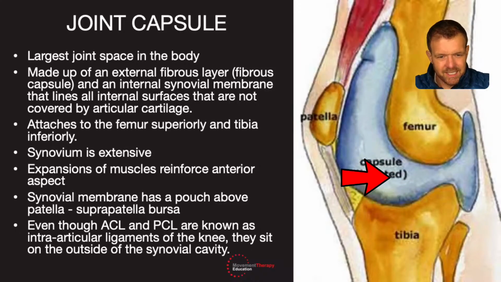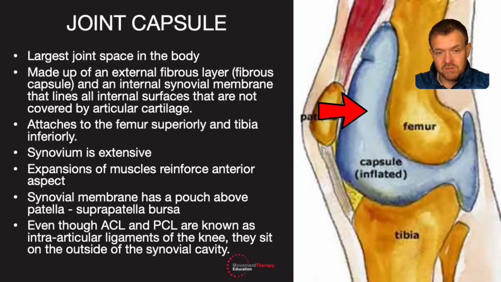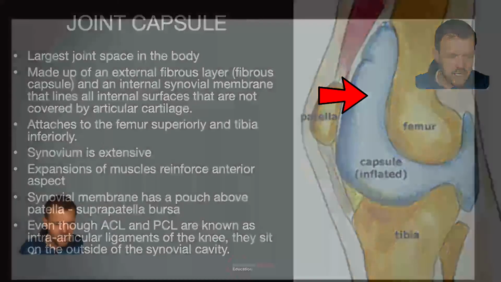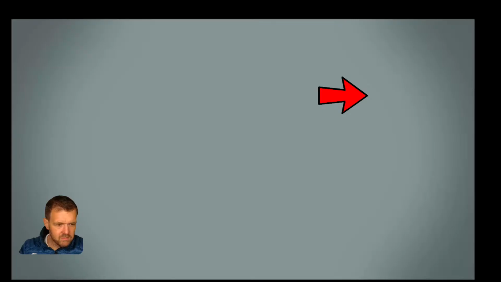So something is irritated inside that capsule, and then the resultant edema is filling the capsule, and that's why your knee swells up. Okay, so that's a useful thing to know. Let's show you this. So this is the joint capsule.